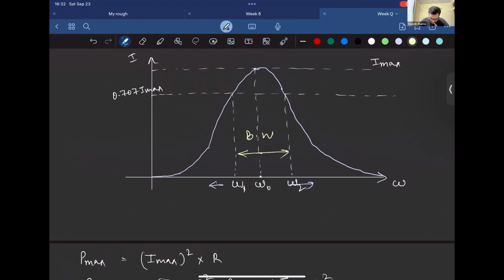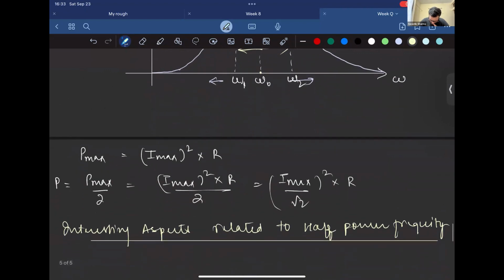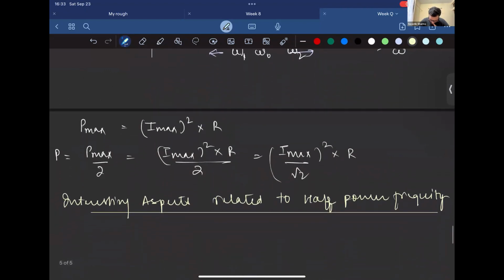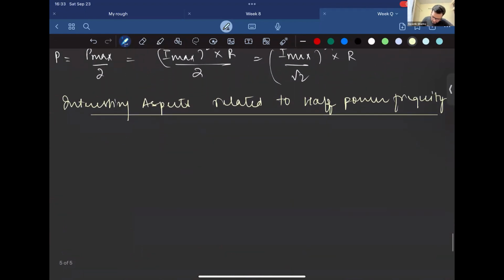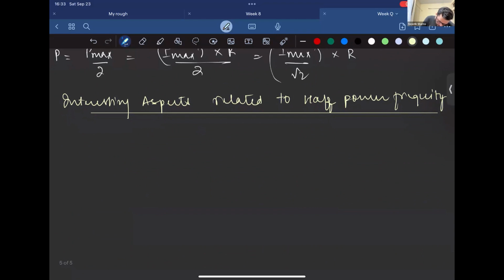There's one more concept that I wanted to discuss. Let's discuss what happens at half power frequency.